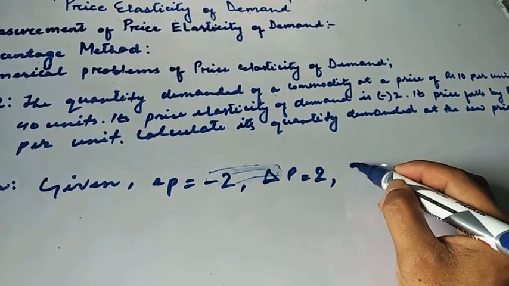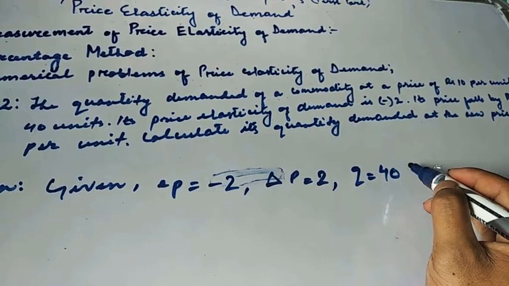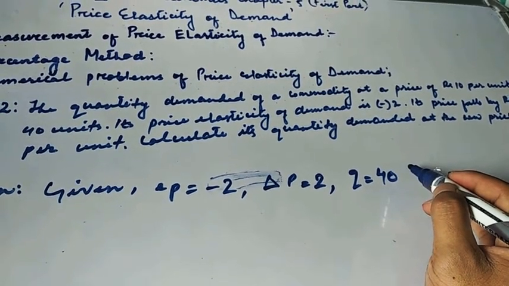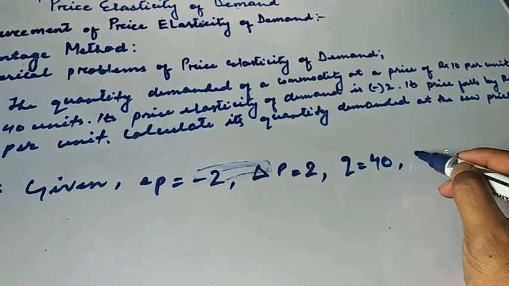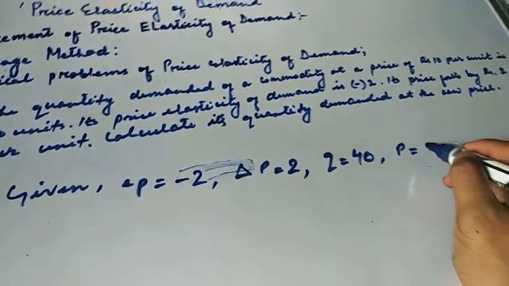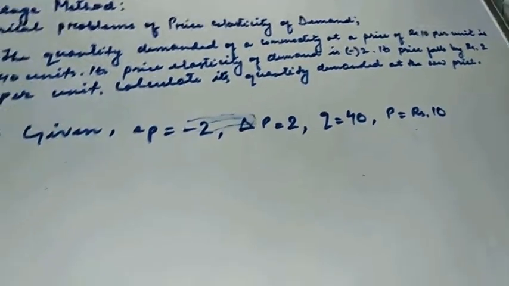The original quantity demanded is 40 units, and the original price was rupees 10. This is given in the question.